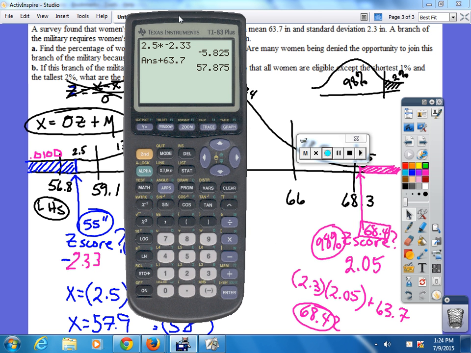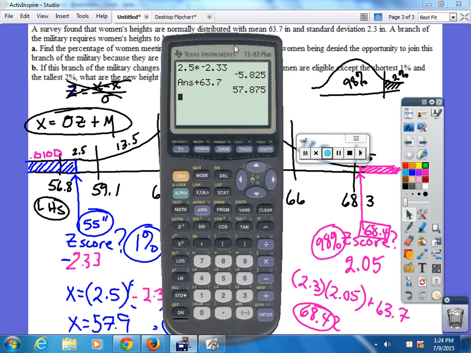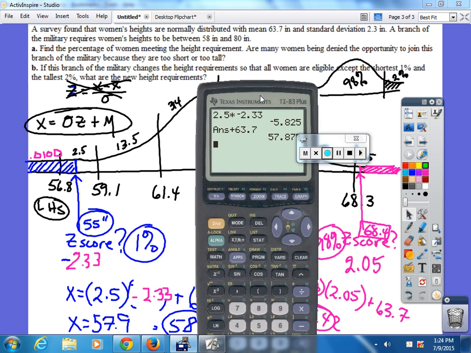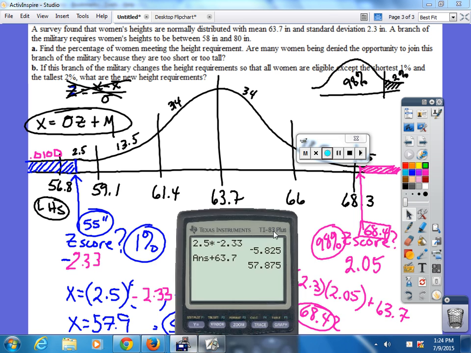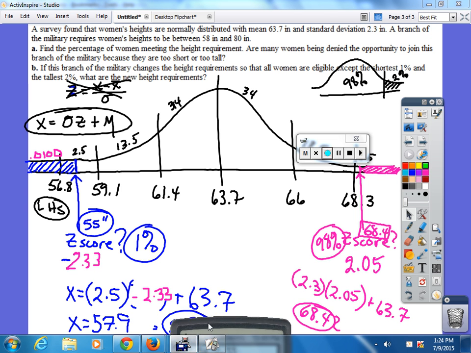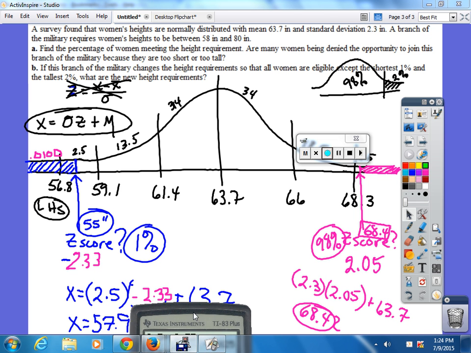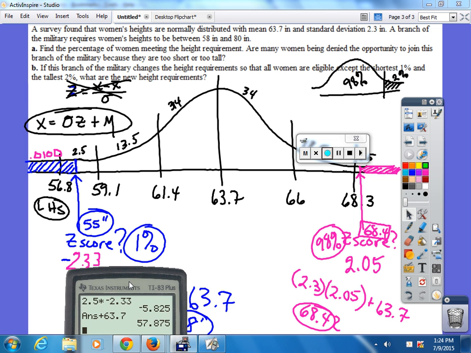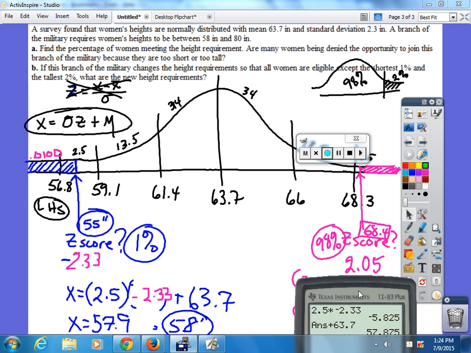But now you must be using another z-score, or they did it by a calculator. Somebody take a calculator and do between negative 2.33 and 2.05.